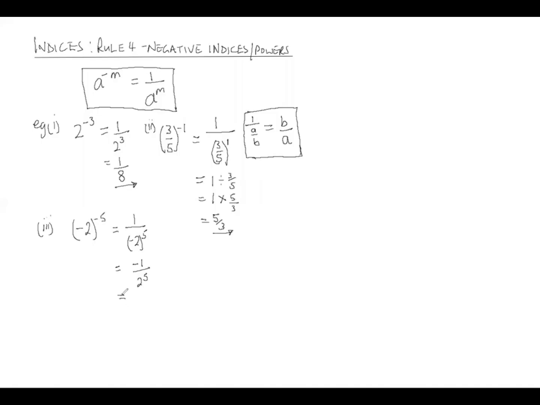So 2 to the power 5, that becomes 1 over, 2 times 2, 4 times 2, 8 times 2, 16 times 2, we get 32.